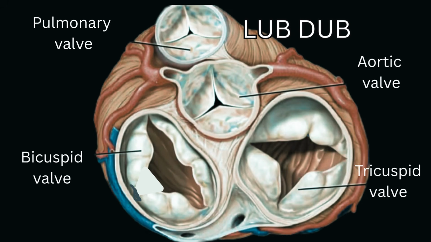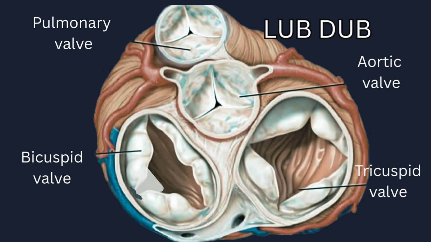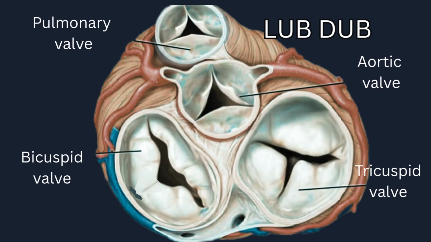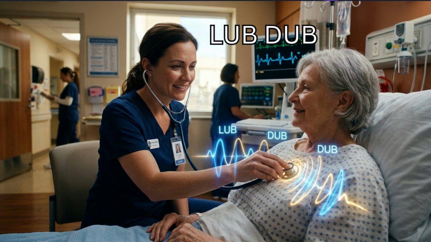The lub sound is produced when the tricuspid and bicuspid valves are closed, and the dub sound is produced when the semilunar valves, that is, the pulmonary and aortic valves, shut. Doctors and medical specialists use the stethoscope to hear the lub dub sound of the heart.